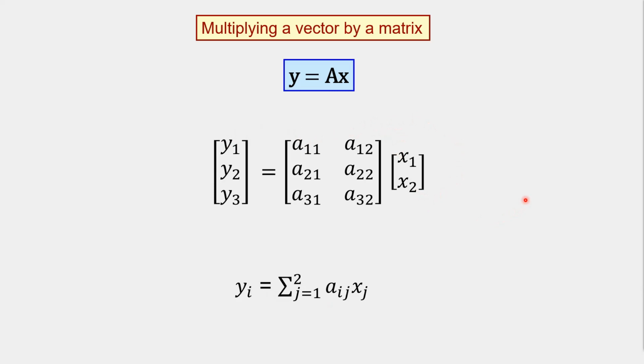That is a linear operation, sums with each part of that sum being formed by a multiplication of an element of the matrix and the element of the vector.